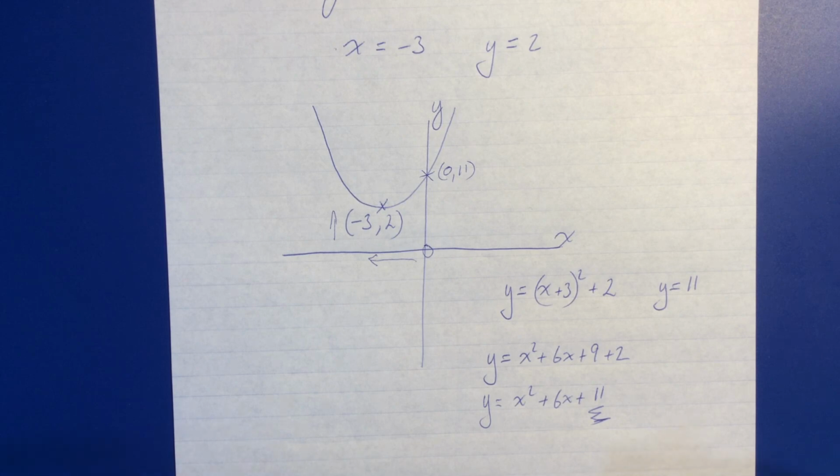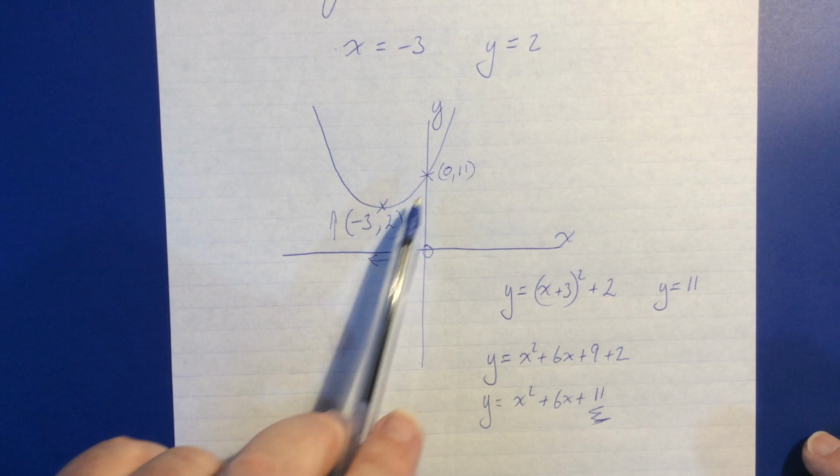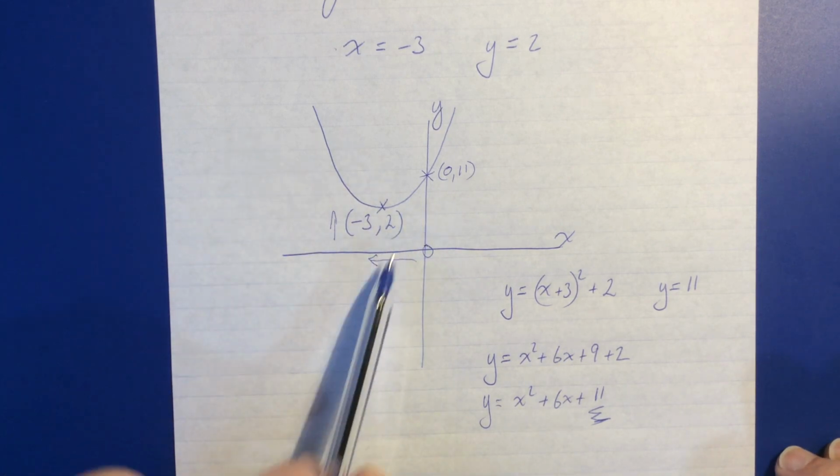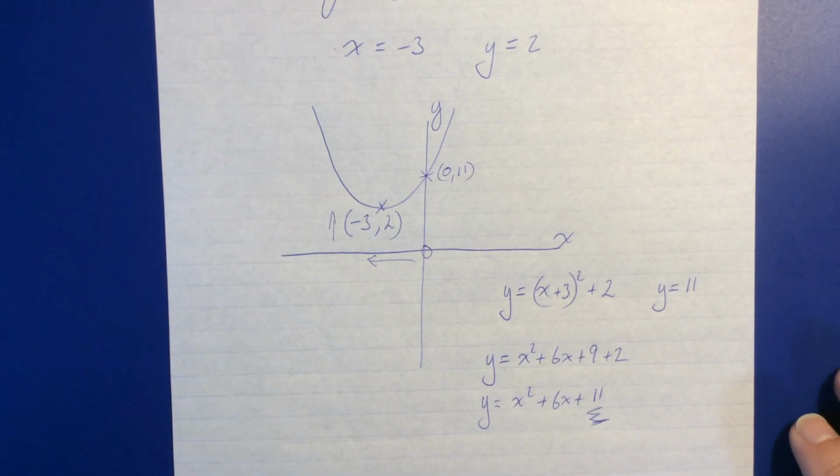And this doesn't mean that the equation doesn't exist, it doesn't mean that the graph doesn't exist, it simply means that it does not touch or go through the x-axis. So what we're going to do now is have a look at a similar equation that does.